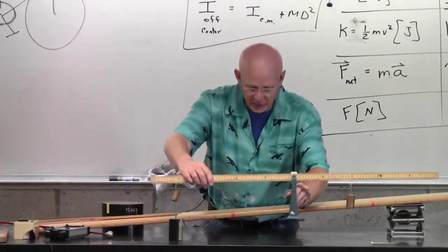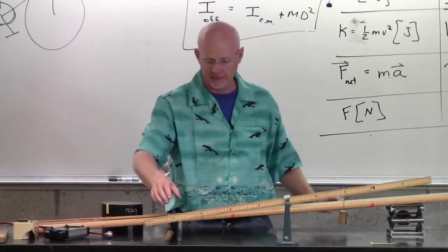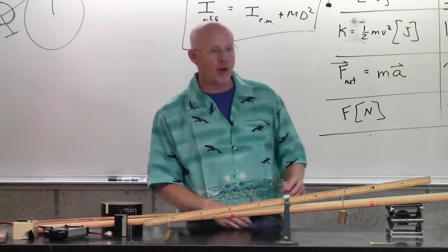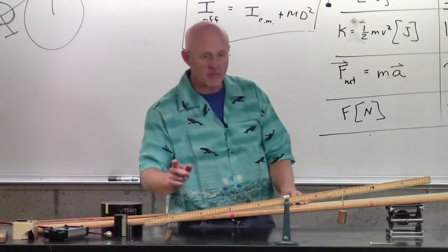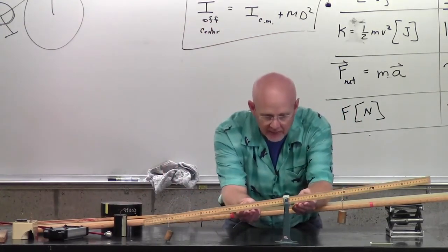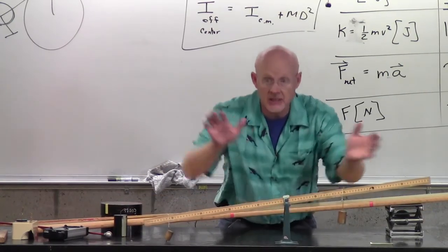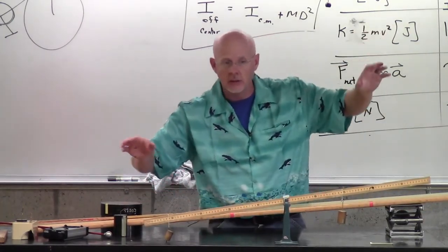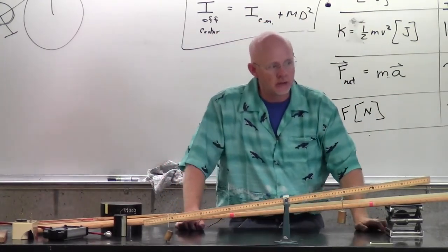Again, maybe you'll see it in here. If I take this rod and I put a big weight on this side and a small weight on that side, and I hold them level and I let them go, doesn't it rotate? In this case, doesn't it rotate counterclockwise?